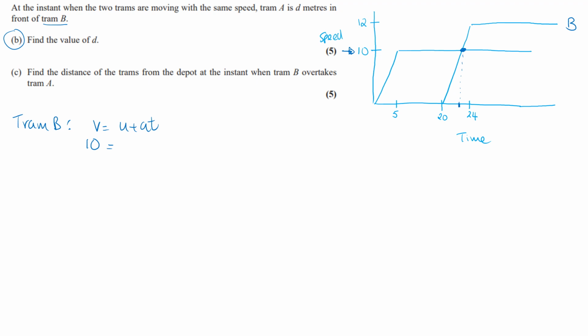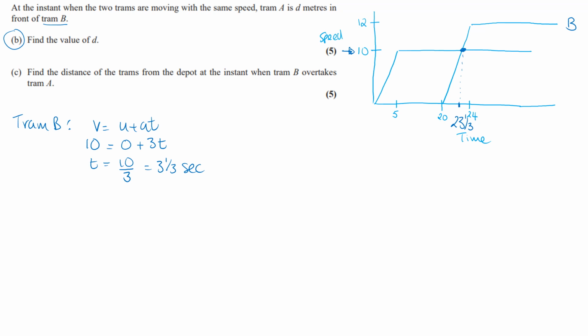Now u for both of the trams is 0, and a for tram B is 3, so that's going to be 3t. So t is equal to 10 over 3. So tram B has been travelling 3 1/3 seconds. So overall, from when A started the whole journey, this will be 23 1/3 seconds.